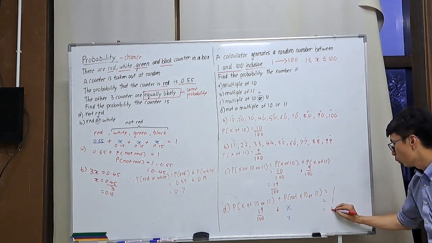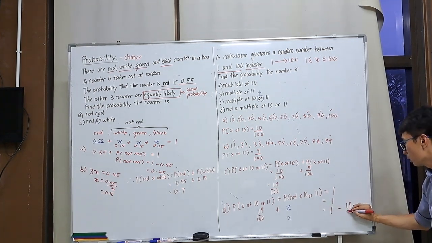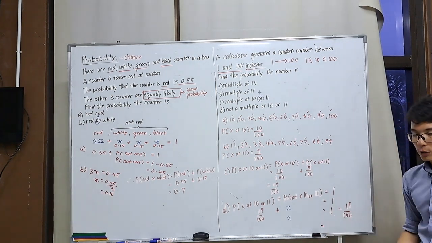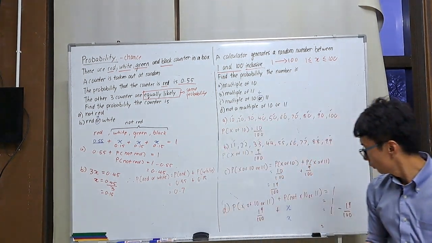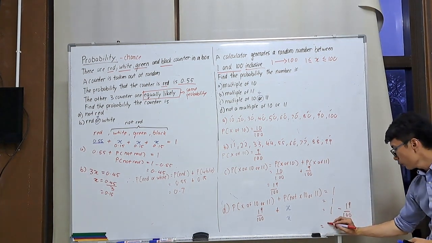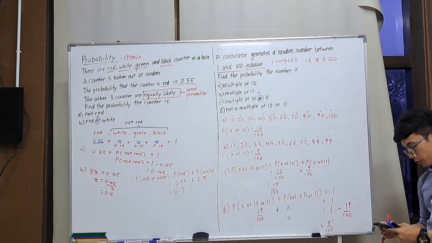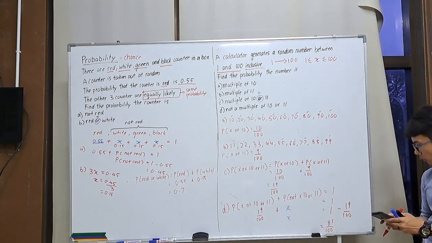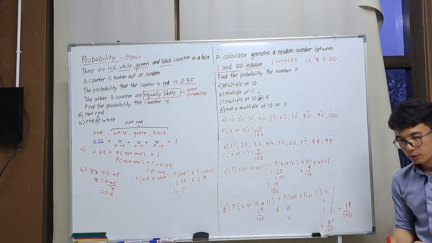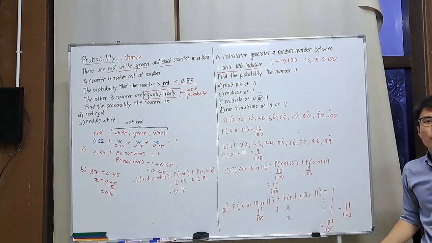I'm going to take 1 minus 19 over 100, which will give me 81 over 100. Let me double check that. Yes. So that's how we solve this question over here.